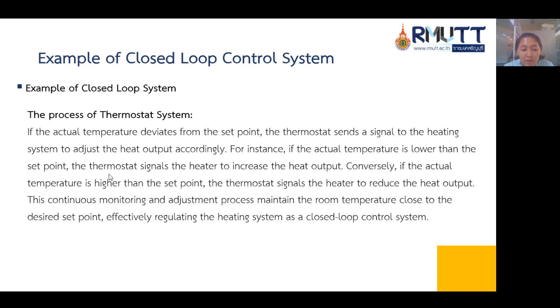Conversely, if the actual temperature is higher than the set point, the thermostat signals the heater to reduce the heat output. This continuous monitoring and adjustment process maintains the room temperature close to the desired set point, effectively regulating the heating system as a closed-loop control system.